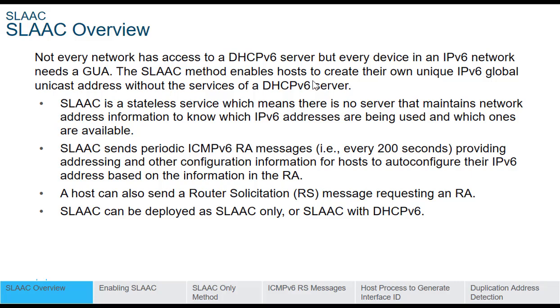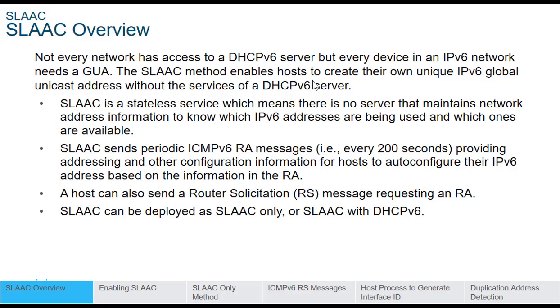Okay, so here we're trying to understand how we are able to manually configure IPv6 addresses on both routers as well as host devices. So again, not every network has access to a DHCP version 6 server, but every device in an IPv6 network needs a GUA, a global unicast address.